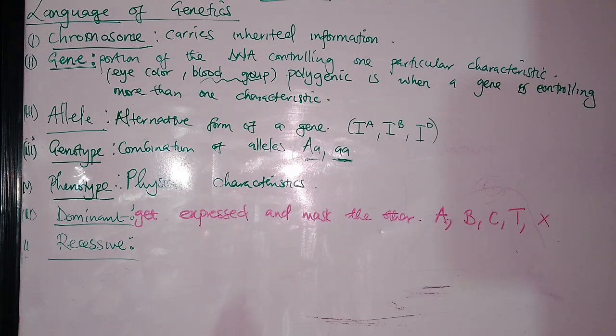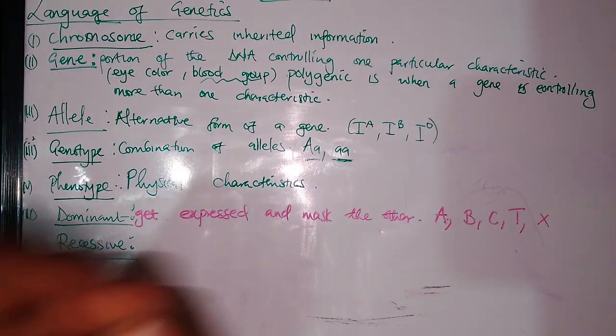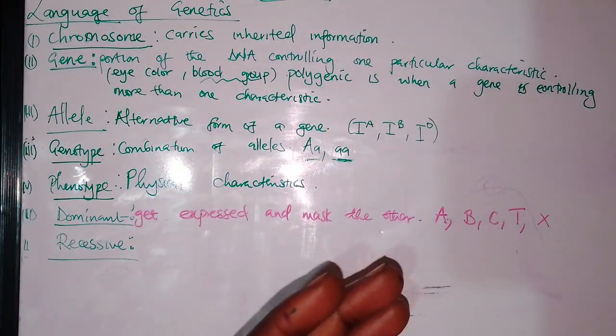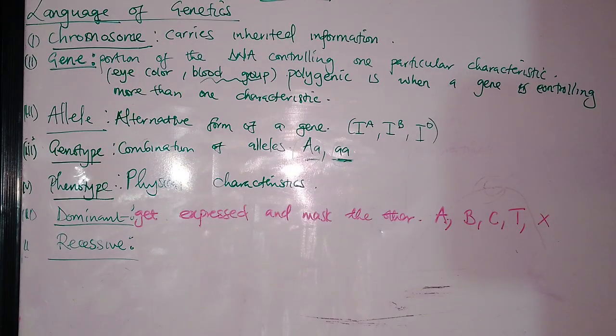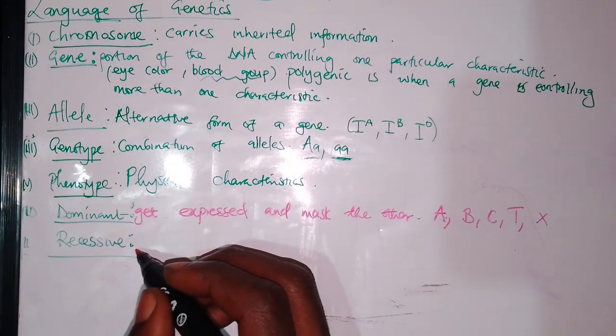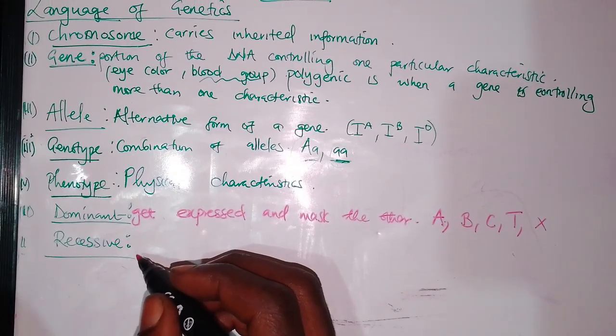Then next we are going to look at recessive. If we know that dominant is getting expressed and the other one is being masked, then the recessive is the other allele which is being masked. So a recessive allele does not get expressed.